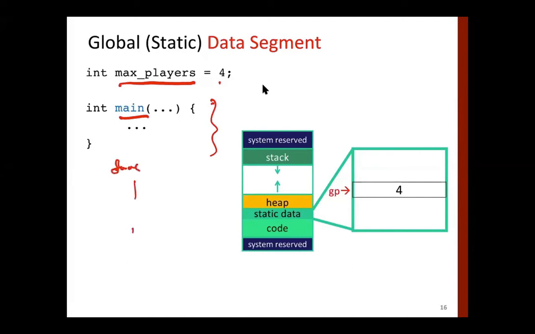Okay, so this will be a global variable or static variable, and if we expand this area, the middle of that is the global pointer, and then 4 will be placed right there. Okay, if this is the first element that we are storing into the static data area.